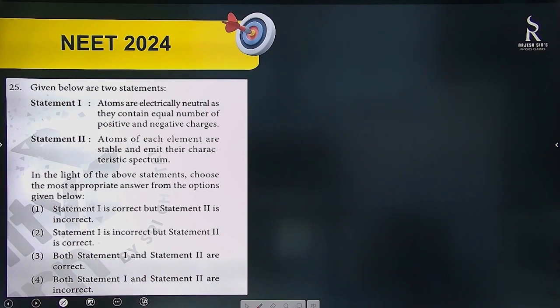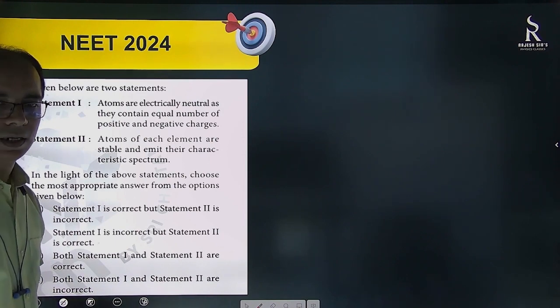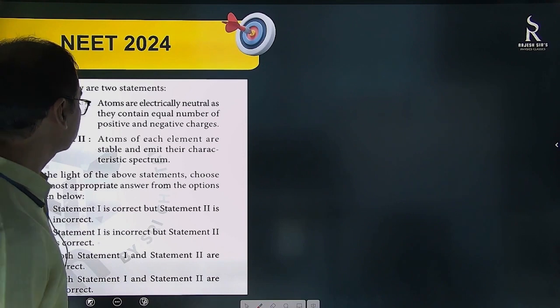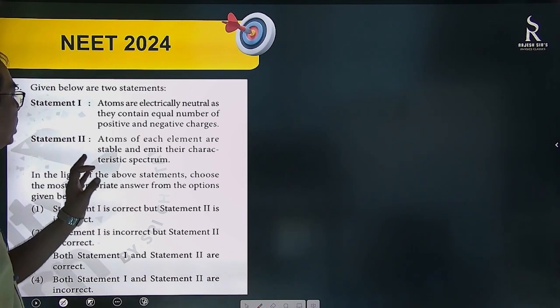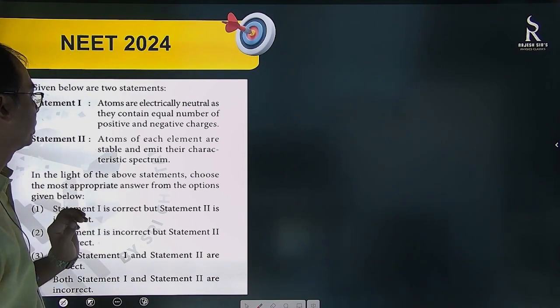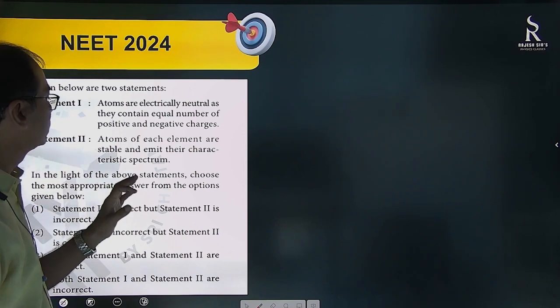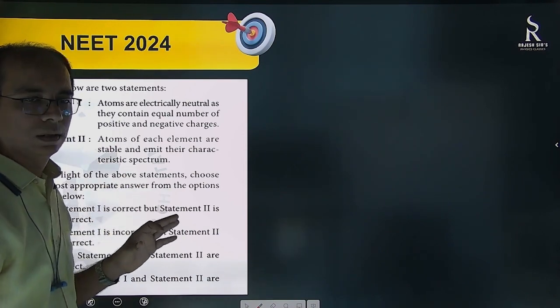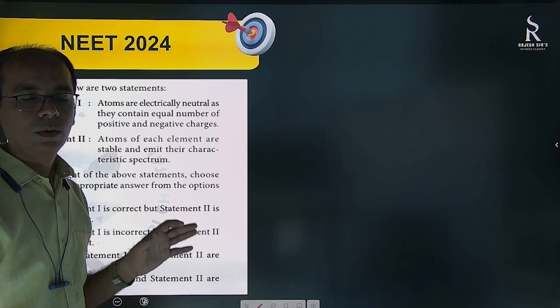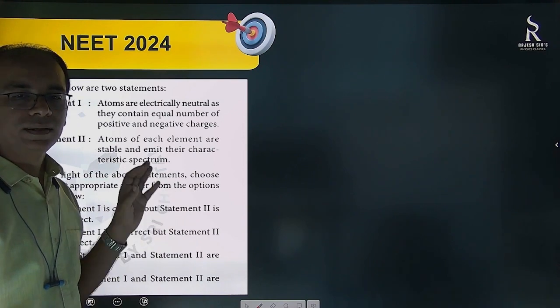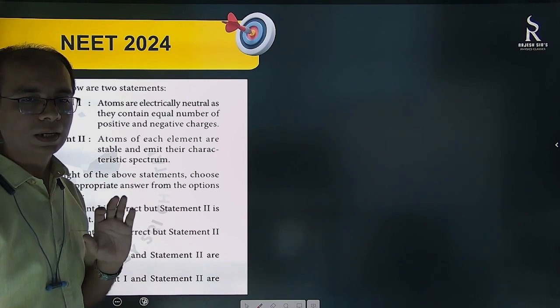Given below are two statements. Statement 1, atoms are electrically neutral as they contain equal number of positive and negative charges. Absolutely fine. Atoms are electrically neutral. Statement 2, atoms of each element are stable and emit their characteristic spectrum. The atoms of each element are stable. Okay. When the atoms are stable, at that time, they don't emit any spectrum.